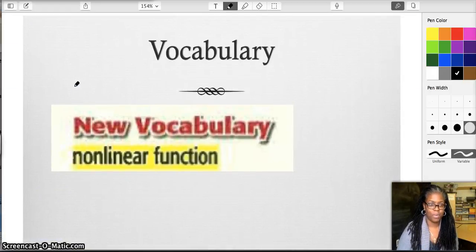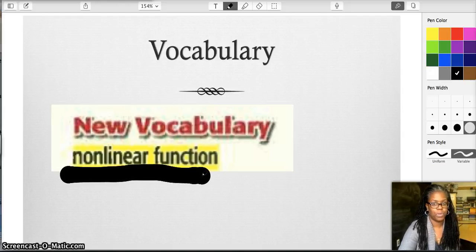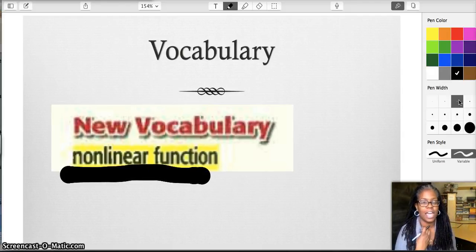Our vocabulary word today is nonlinear function. What we're going to do is discuss a little bit about what a nonlinear function is.